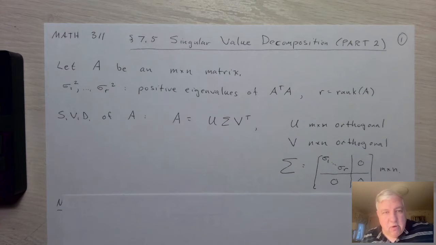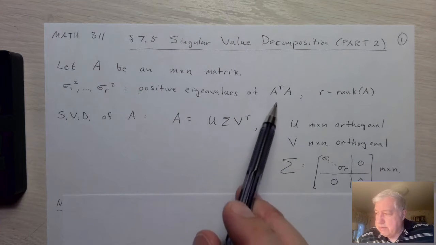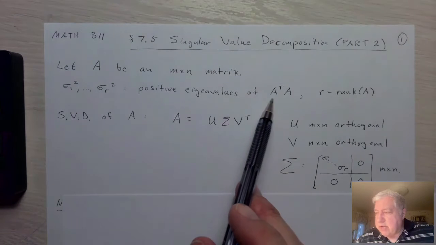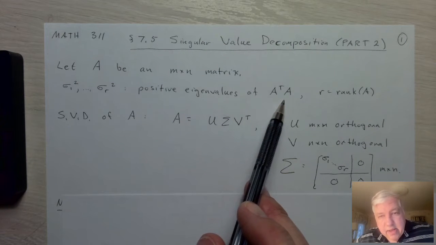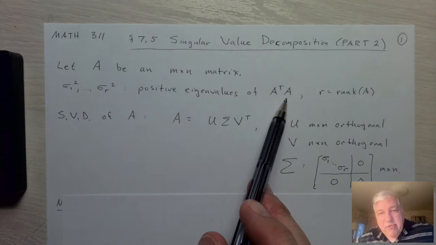So again, throughout this talk, A is going to be an m by n matrix, and we showed that for the product A transpose A, not only are the eigenvalues real, but they're non-negative.